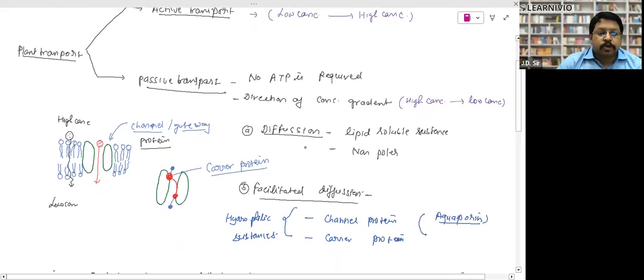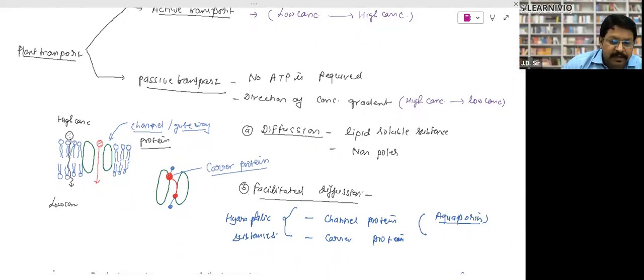passive transport. So there are two kinds of passive transport: simple diffusion and facilitated diffusion. Simple diffusion takes place for those things which are lipid soluble. Lipid soluble means fat soluble. So there are some substances which have to be diffused through the plasma membrane. So first come here.